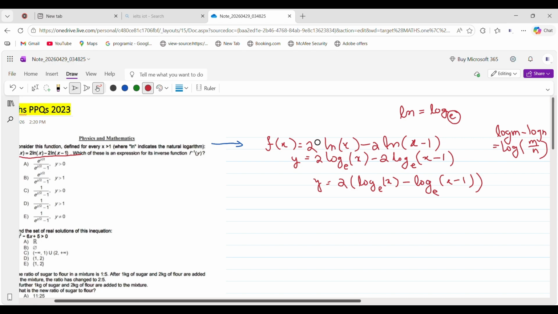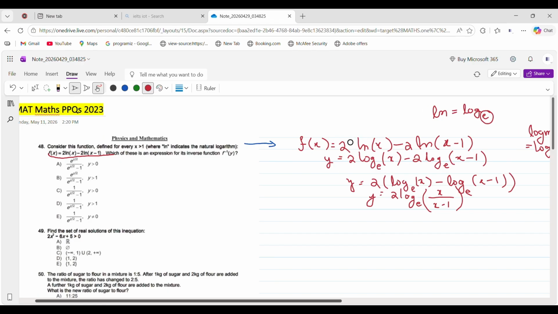If there is a negative sign between these two functions, you just have to divide them. So we have a negative sign between these two functions, so we divide them. So y equals 2 log base e of x divided by x minus 1.